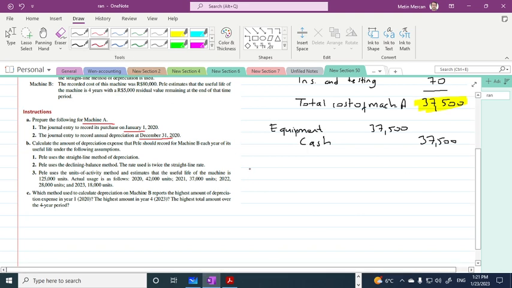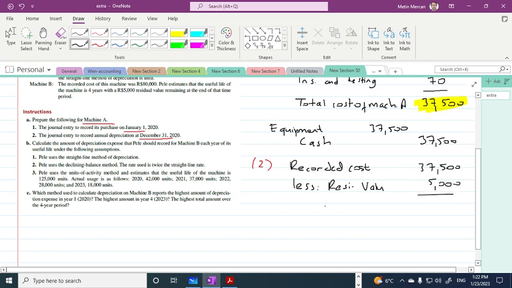And now the second is the journal entry to record annual depreciation at December 31. So the recorded cost of the asset is $37,500, and we deduct the residual value, which is defined as 5,000.